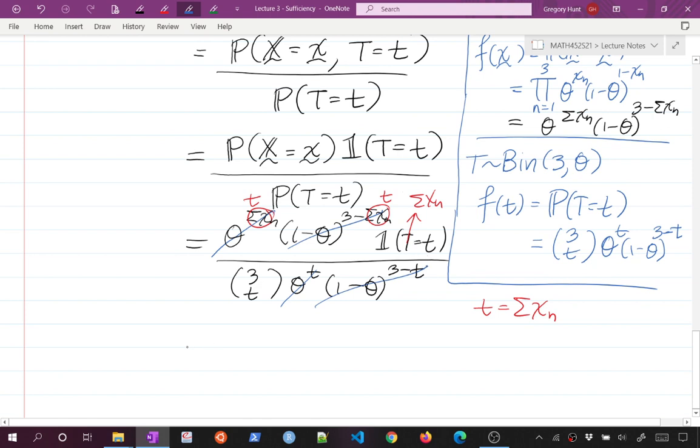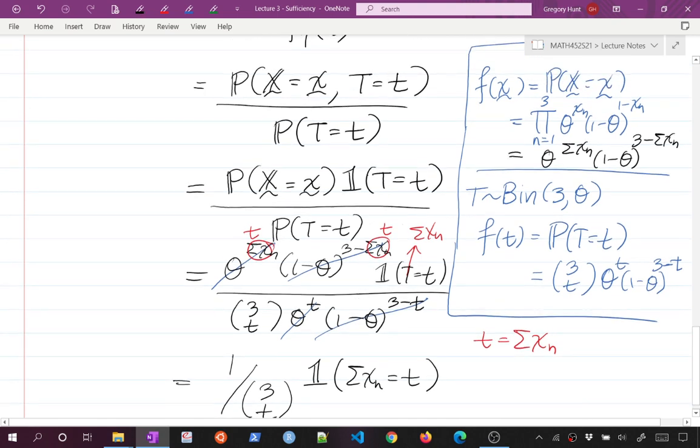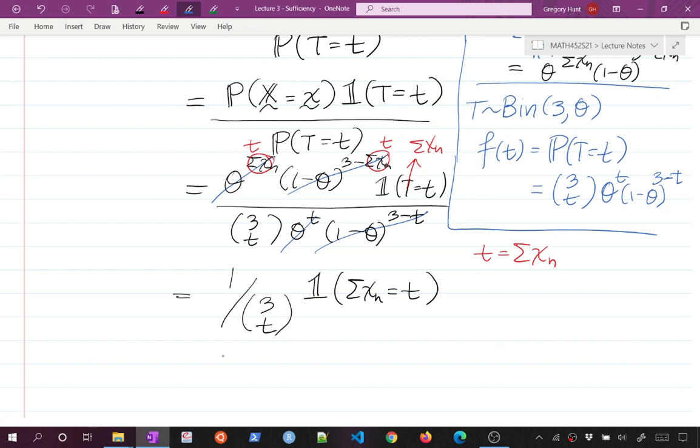And we're basically going to be left with 1 over 3 choose t. You can say indicator that the sum of the xn's is equal to t. You don't really have to worry too much about that. But the punchline here: no theta. So it's free of theta.